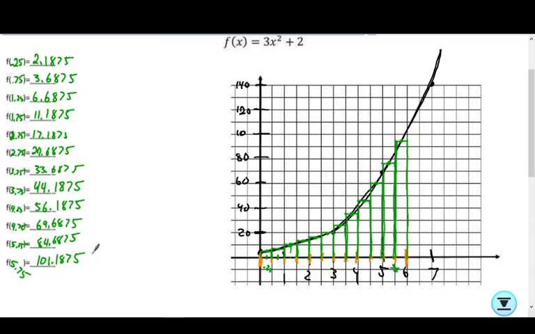Again, all of these are not area, these are heights. These are the heights of the rectangles.